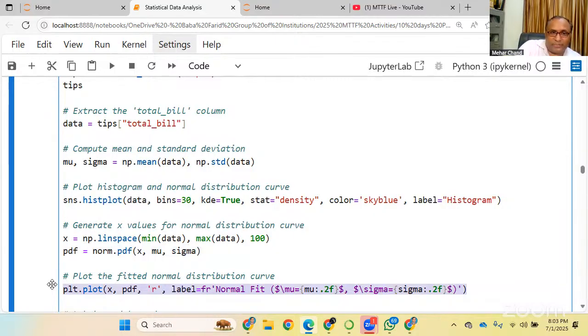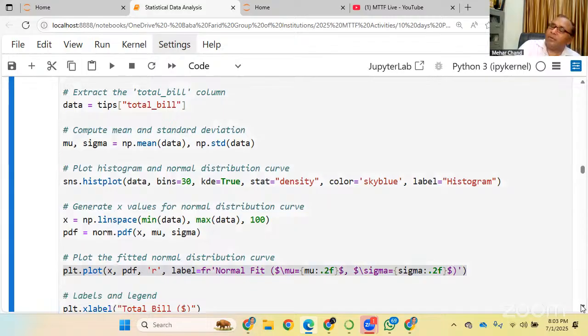Okay, no change there. Same process is in this example, only we have data we downloaded from Seaborn. Okay, and in the previous example we generated it randomly, but here we have the actual data set. Okay, and the same data set you can write to a CSV file, then you can import it.